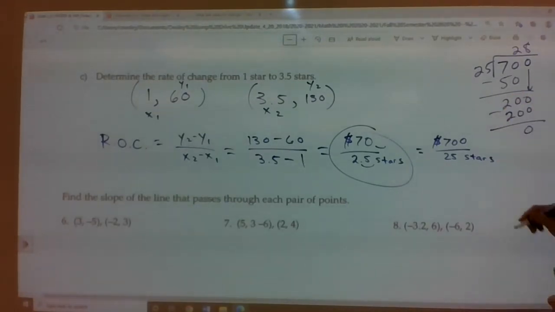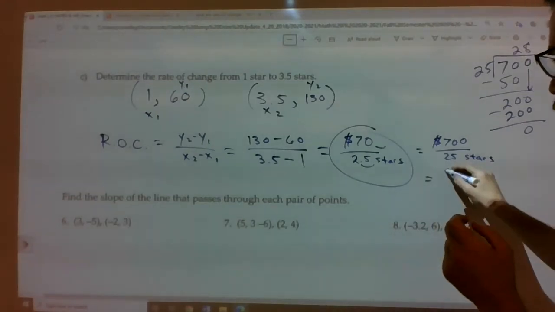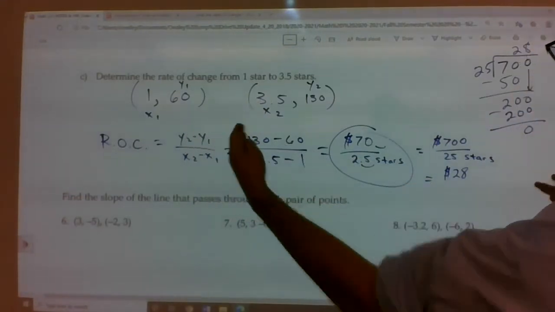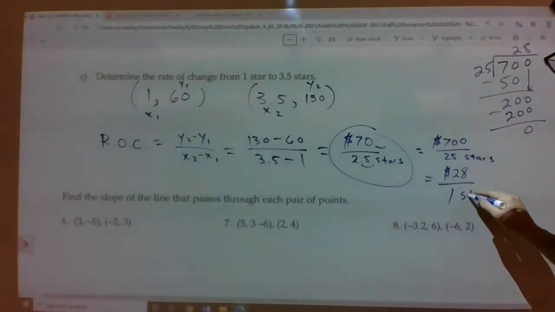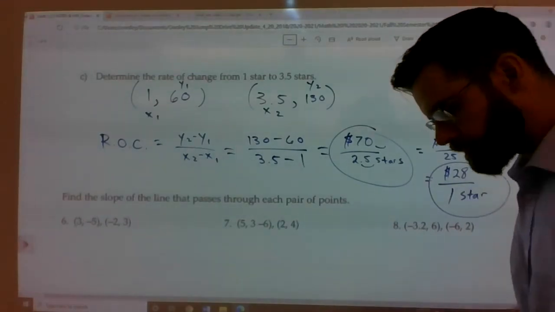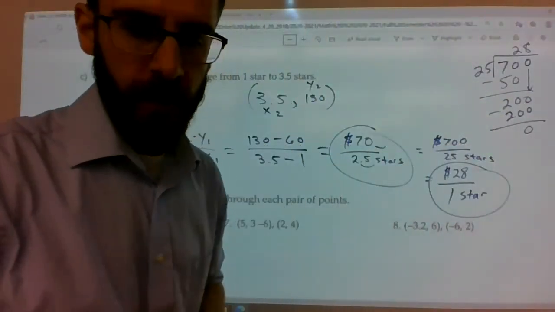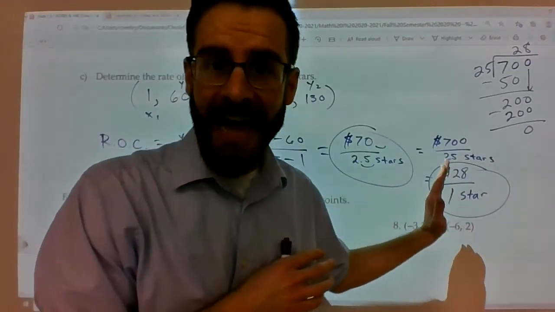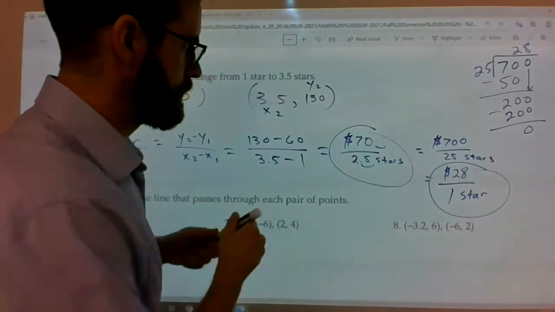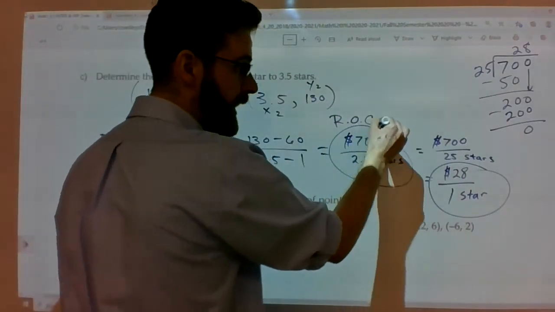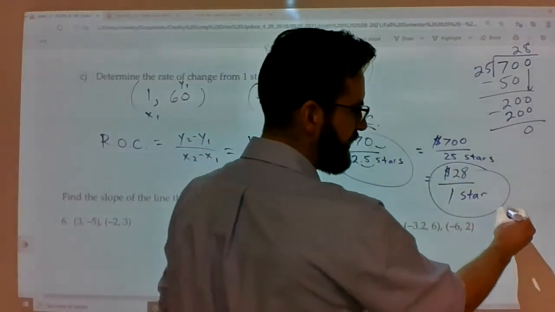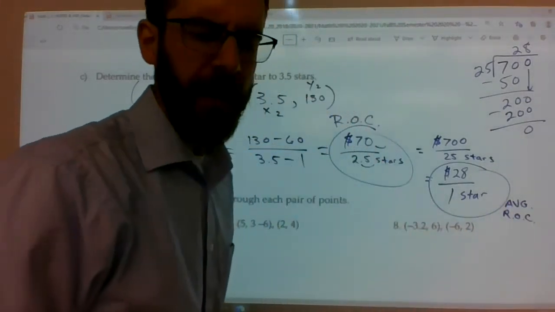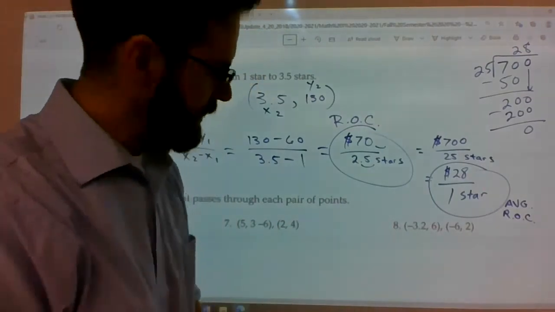We've figured out that you can expect a $28 increase over the span of the entire chart for every 1 star it increases. So that would be our rate of change. We might talk later on how this will be our average rate of change. So this is our rate of change, which is what I'm most concerned with today. This would be the average rate of change, which is maybe a future lesson.